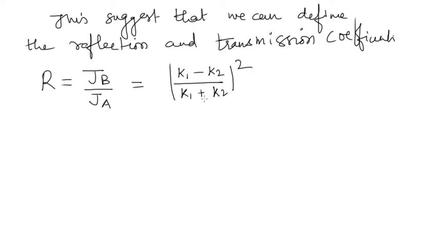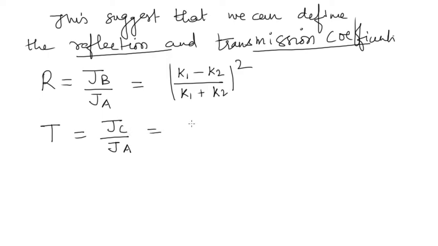Now we can also define the transmission coefficient T. Obviously this is JC upon JA, the current transmitted in region 2 upon incident. This will be k2 upon k1, because JC is h cross k2 upon m and JA is h cross k1 upon m, times mod C upon A square.